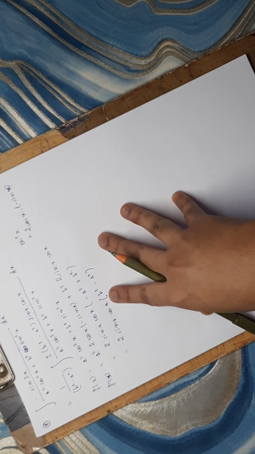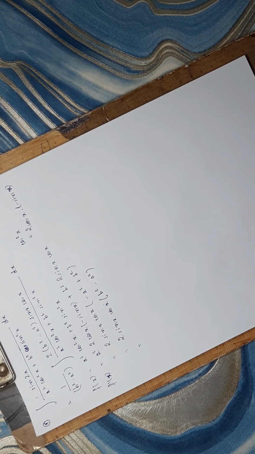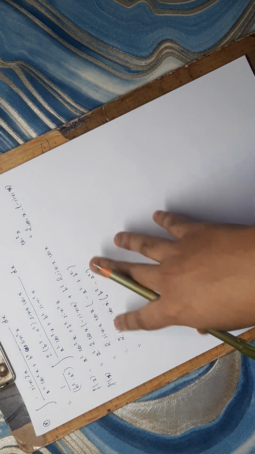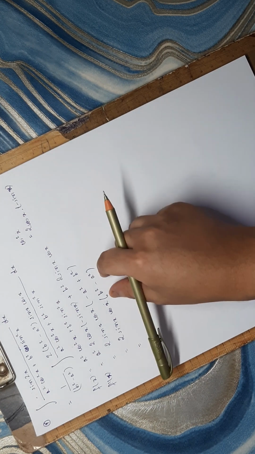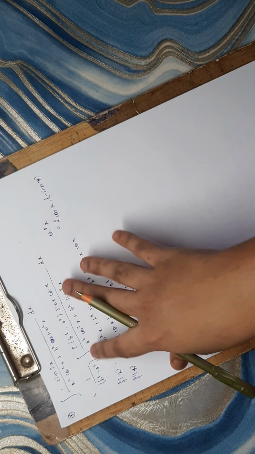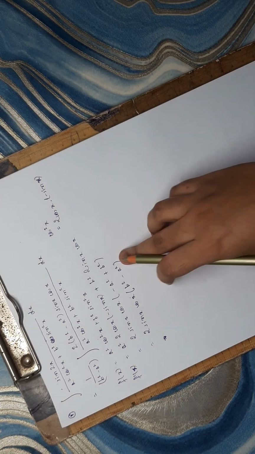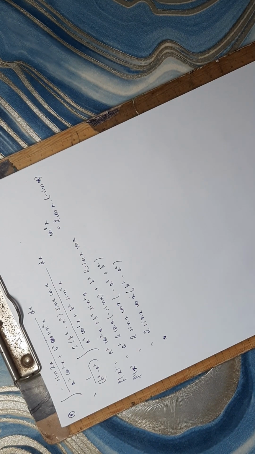So in order to get this format, we multiplied and divided by b square minus a square here. I hope you get why. I did that so that I can get the f dash x by f x format. For doing that only I did this.